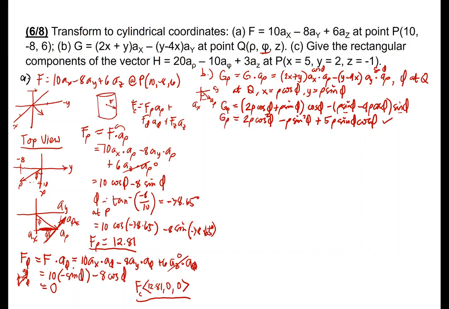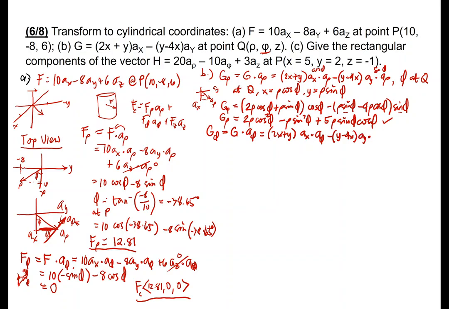Now how about the magnitude for our phi? The same step, so we multiply the rectangular vector G by a phi. Then this is equal to the same, 2x plus y, then a x dot a phi, so we distribute, then minus y minus 4x, a y dot a phi.